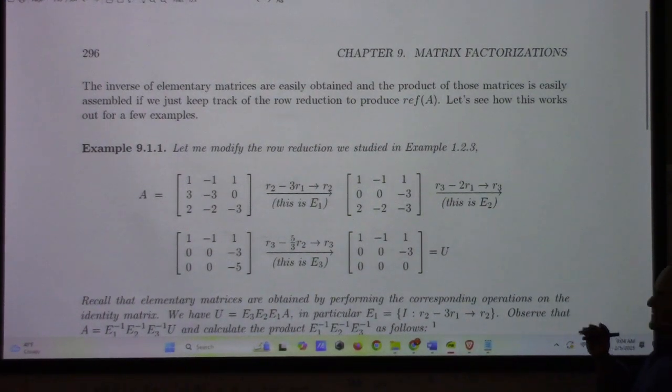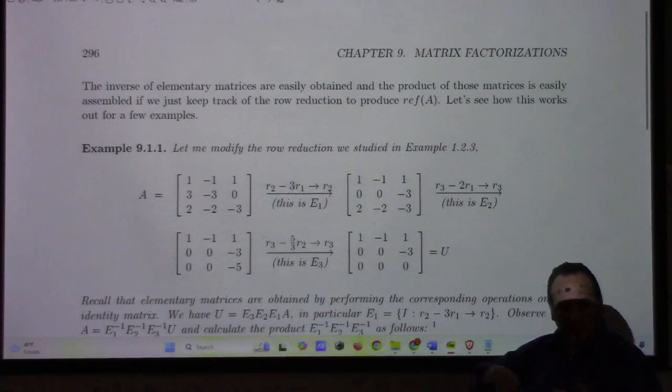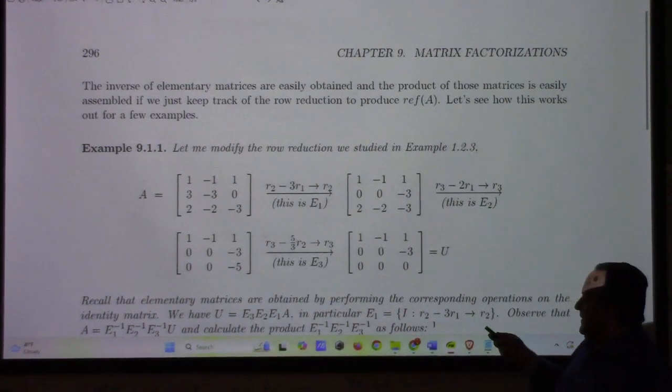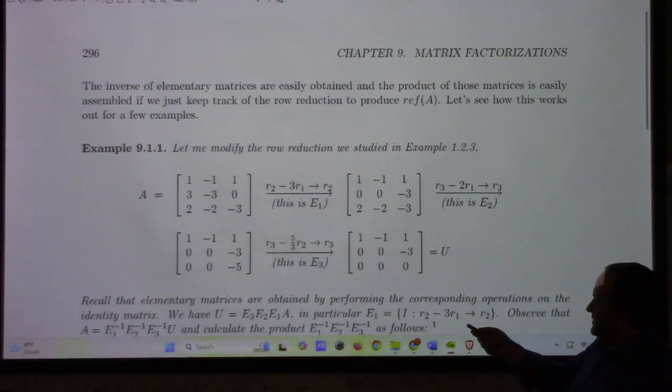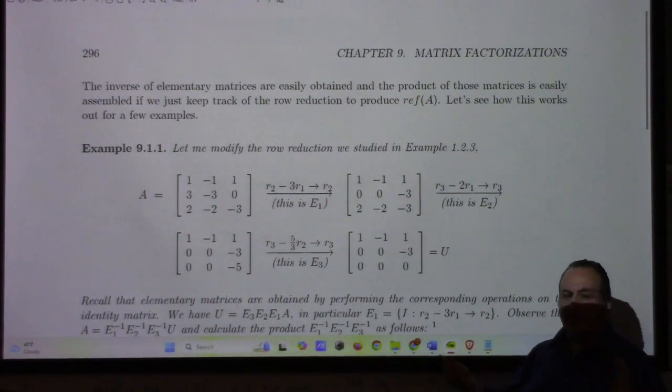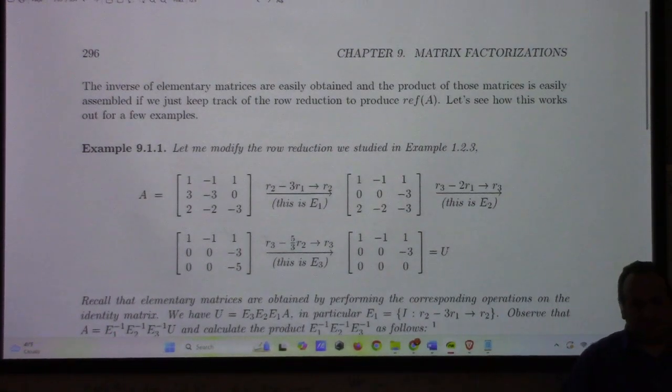The forward pass, in other words, clearing out below the pivot positions. If you do that, you get a matrix that has zeros under the pivot positions. That necessarily is an upper triangular matrix.